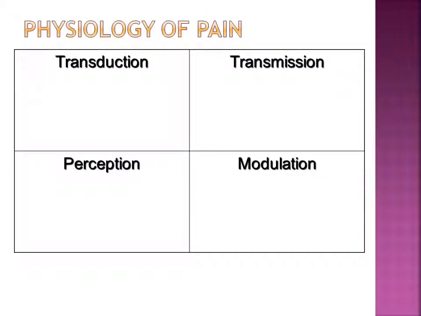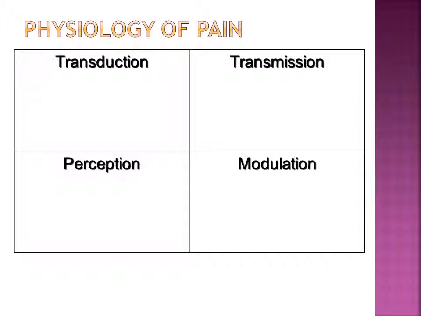A client that is experiencing pain cannot discriminate between these four factors of pain physiology. Transduction is thermal, chemical, or mechanical stimuli that causes pain. Energy of these stimuli are converted to electrical energy.